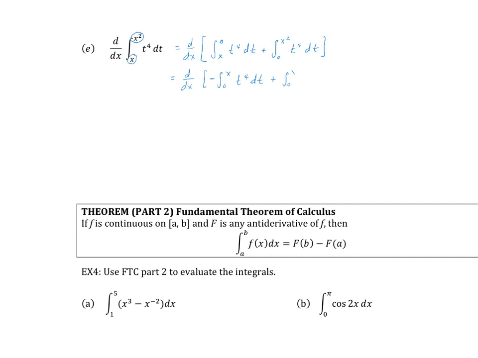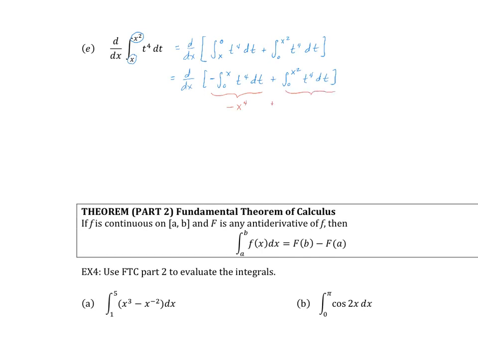The other one's okay. The 0 to x squared, we had actually figured this out in part C, I believe. So when we take the derivative of this whole piece, this first one is going to be a negative x to the fourth. And then we have a plus.